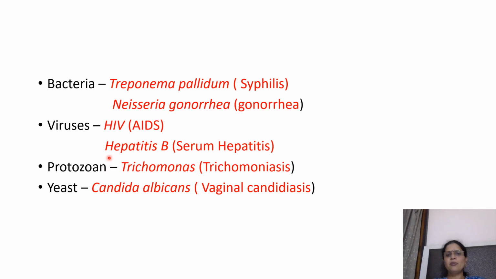And serum hepatitis, which is caused by hepatitis B virus. See, I repeat this, there are two important viruses I have been telling about as far as hepatitis is concerned. One is hepatitis A, the other one is hepatitis B. Hepatitis A virus gets spread through contaminated water. When you consume it, it will cause infection in the intestinal tract. Whereas hepatitis B gets spread through contaminated blood or serum.